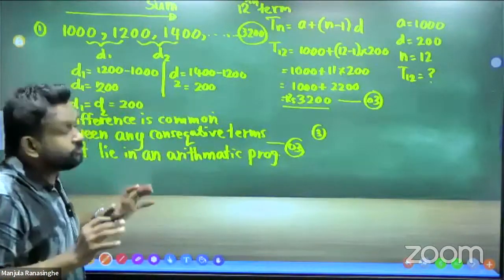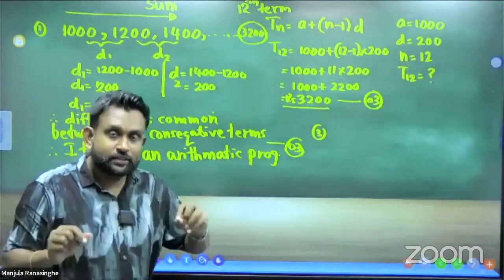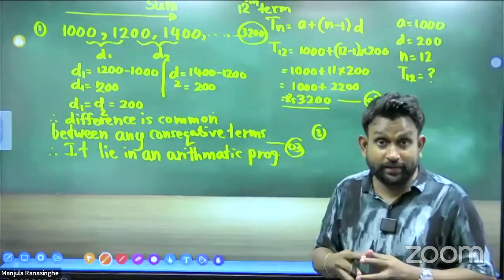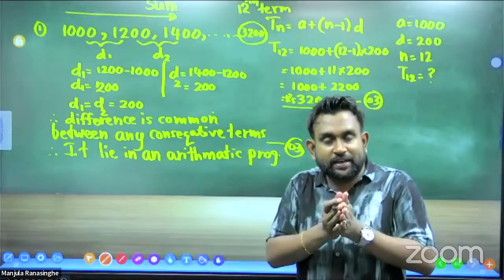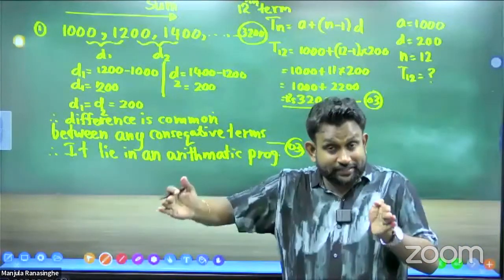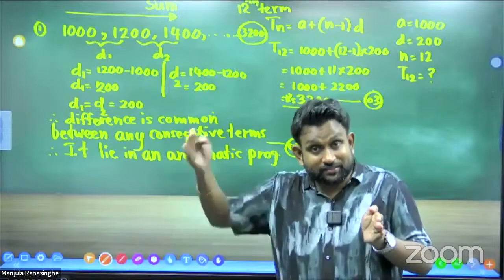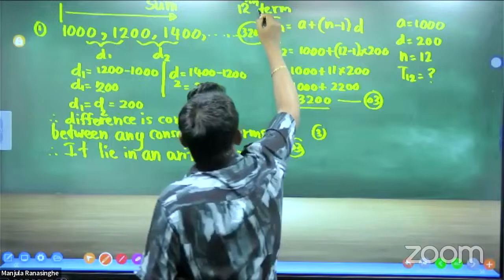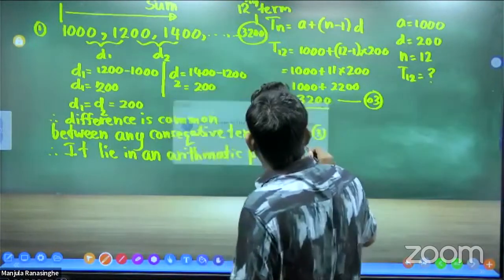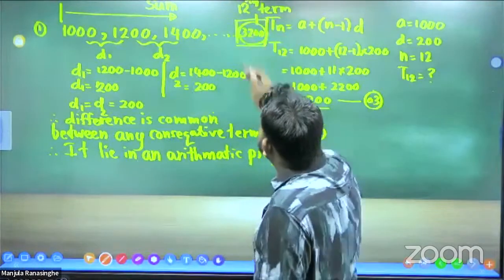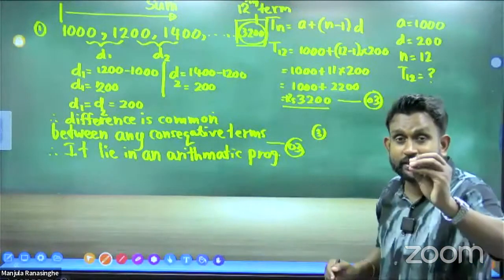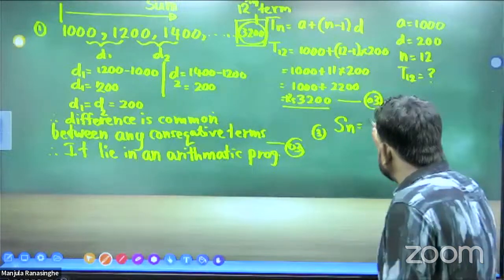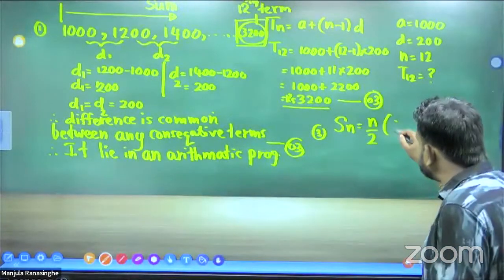To deal with a sum, we have two different formulas. The general one is Sn equals n upon 2 into (2a plus (n minus 1)d). But if we know the last term of the range, which is known here as 3,200, then we have a very short, nice equation: Sn equals n upon 2 into (a plus L).